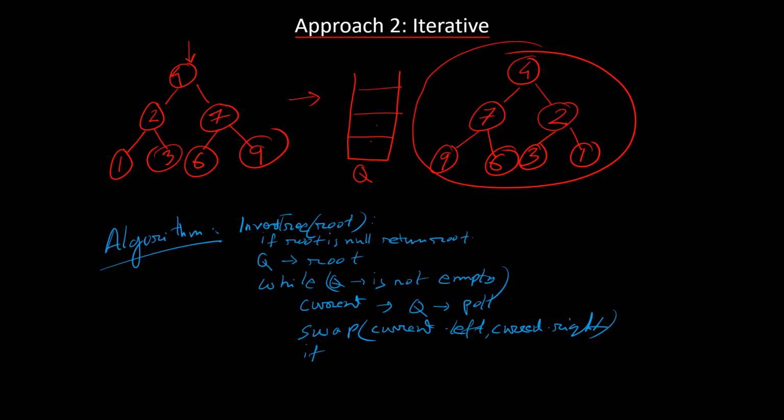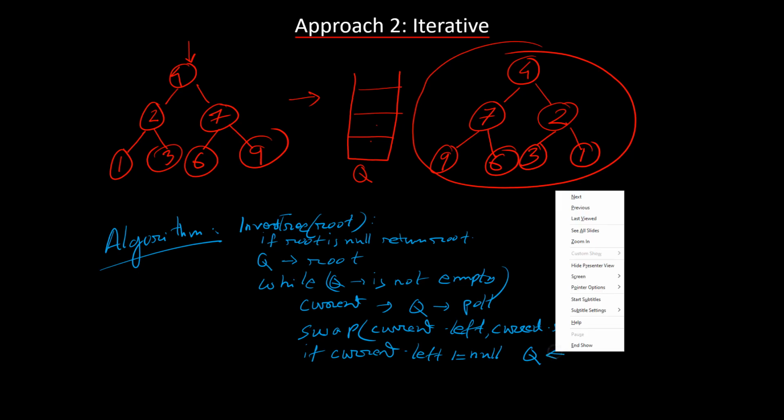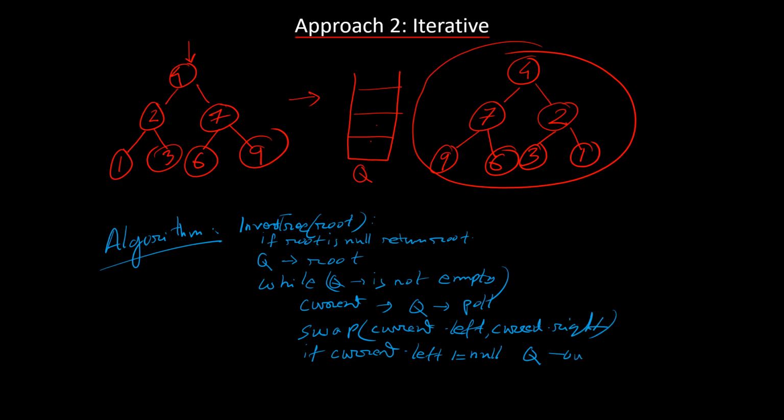Then if current dot left is not null, then we can add current dot left, right?